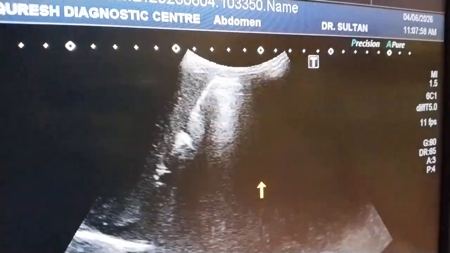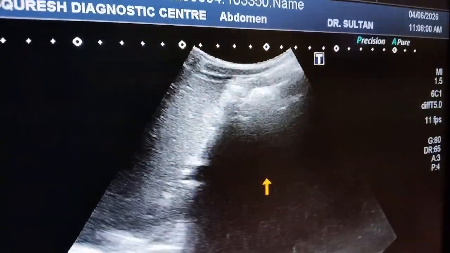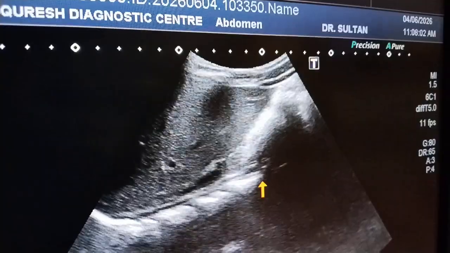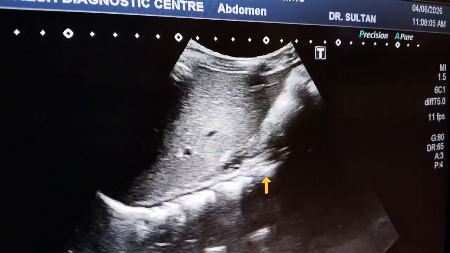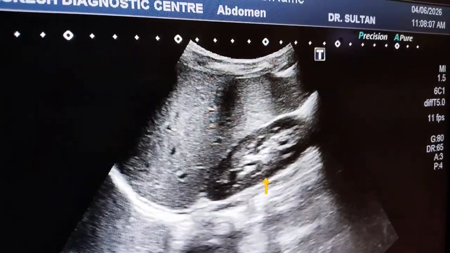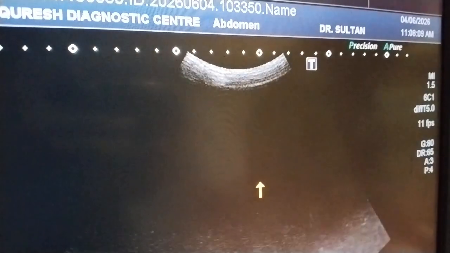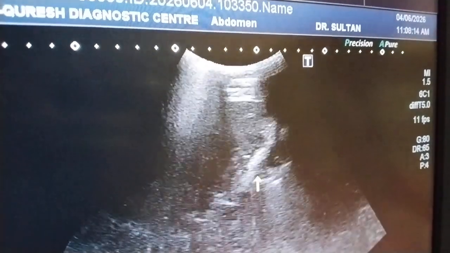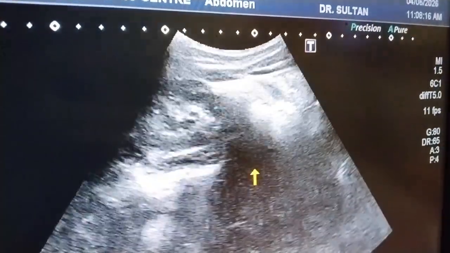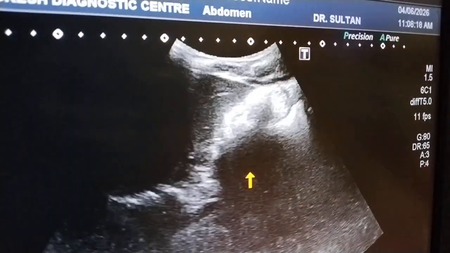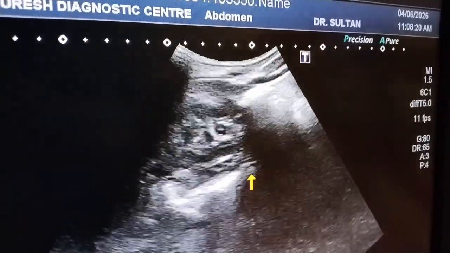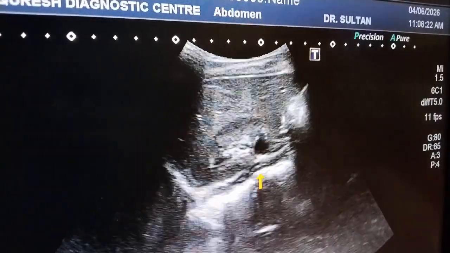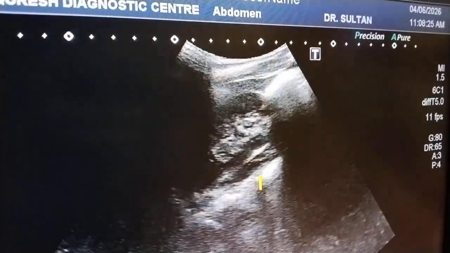And then we should also try to see any duplex collecting system. Because ureterocele is usually associated with the duplex collecting system.